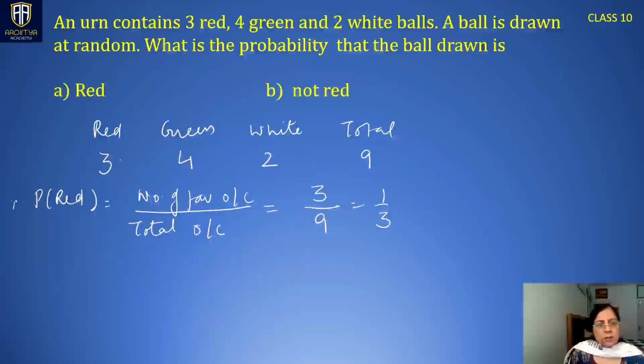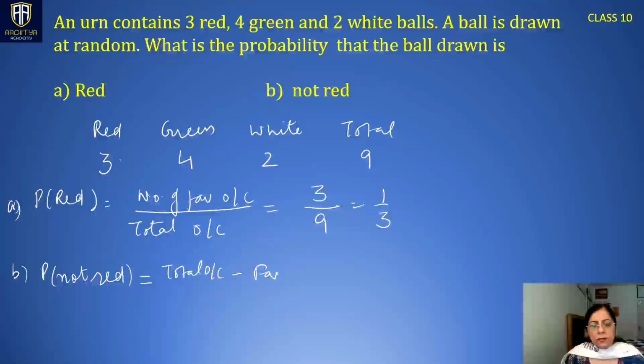Next, second part says, this is A part. B is probability of not red. So I'm doing this question in both the ways. The first thing is probability of not red. The first formula said you have to write total outcomes minus favorable outcomes.